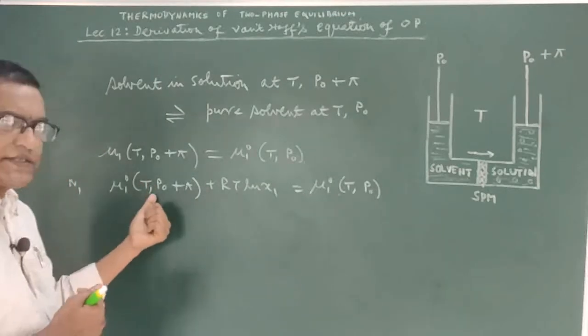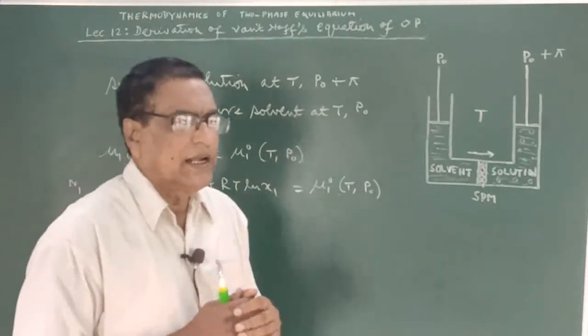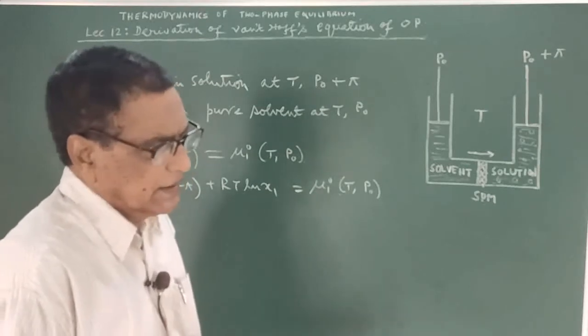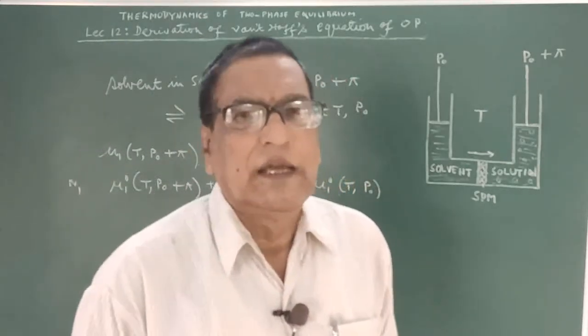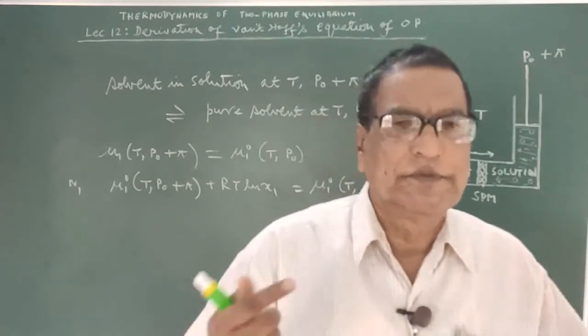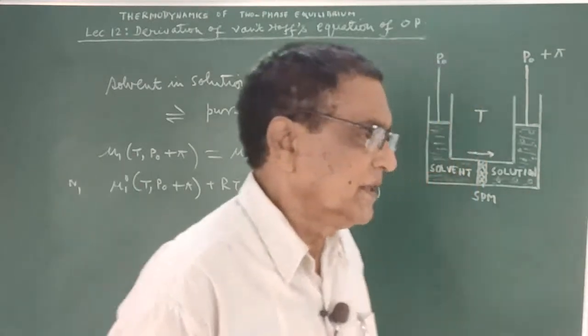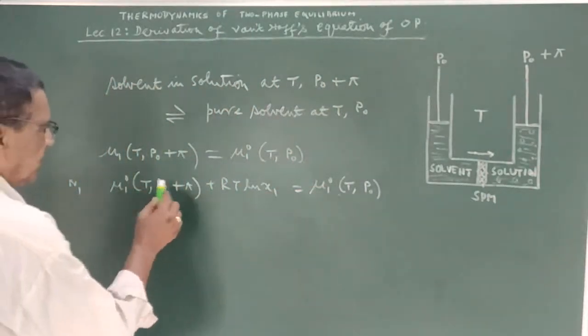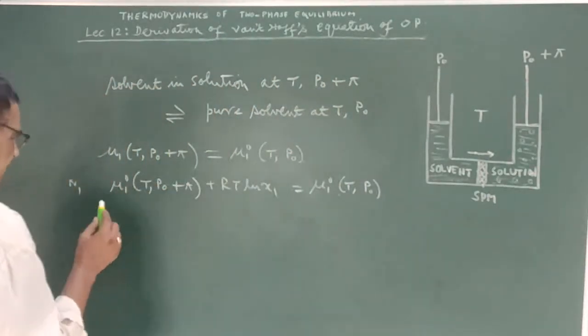Here the pressure is higher than this one. And we know the chemical potential increases with an increase of pressure over the solvent in solution.